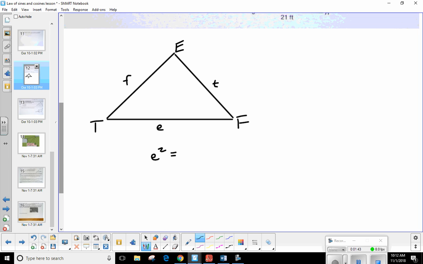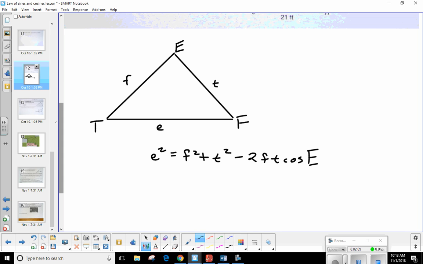Okay, so we take the other 2 sides, we take the sum of their squares. Now what? Minus 2 times F times T, 2 times their product, times the cosine of E. Whatever side you start the equation with, you have to finish with the angle opposite that. And then you can come up with one very similar for both F and T.